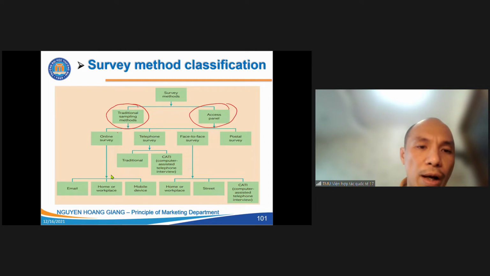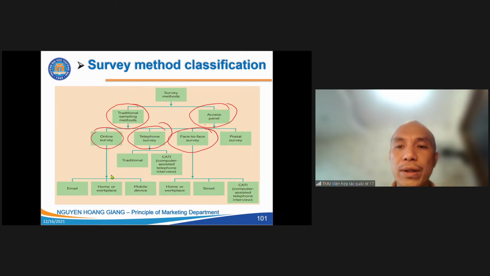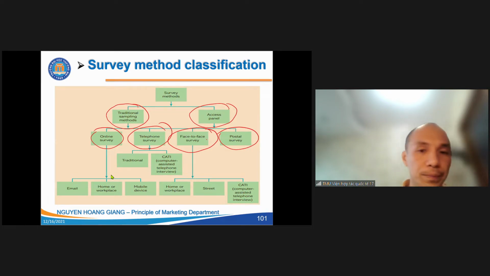They can use online surveys, telephone, directly face-to-face, and postal surveys sent to the customer's house or office or somewhere else. So to do the surveys, we have many different tools, many different channels to communicate with customers.